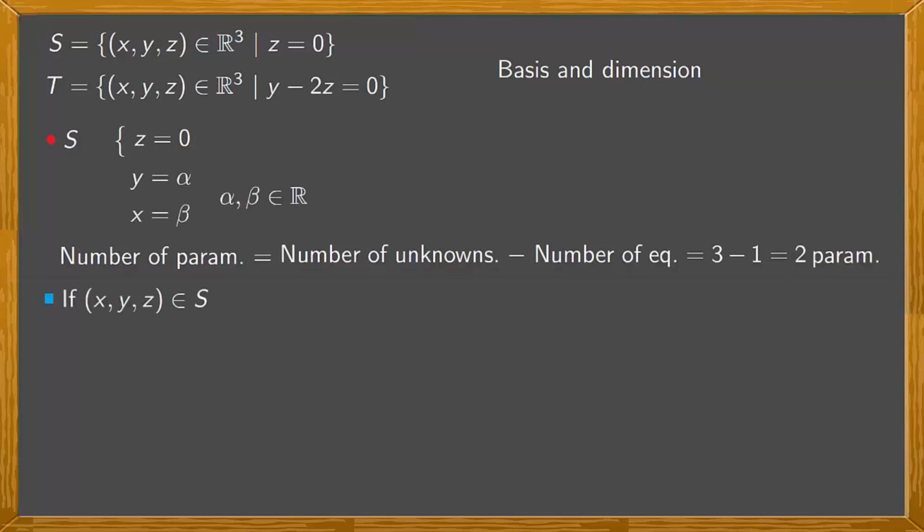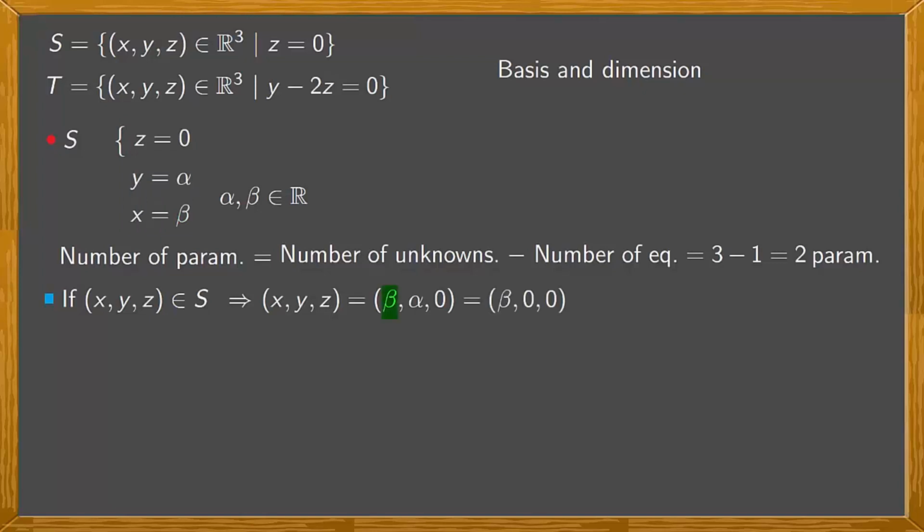Now, if x, y, z is a vector of S, its components are solutions of the system, so they satisfy this. In parametric form, x, y, z becomes beta, alpha, 0. Now we separate this sum of vectors so that each of the vectors has a parameter.